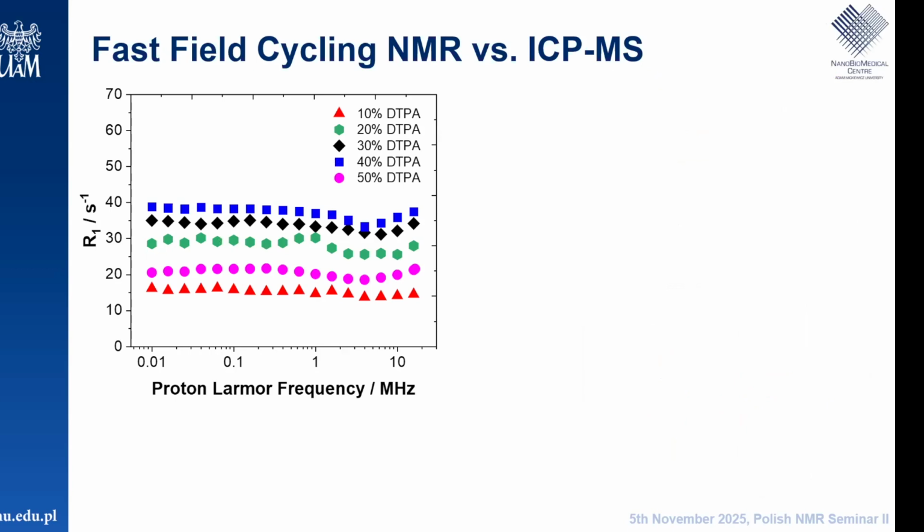Lastly, we also did fast field cycling NMR. I measured the longitudinal relaxation rate for 5 samples, and you can see that it is completely flat.